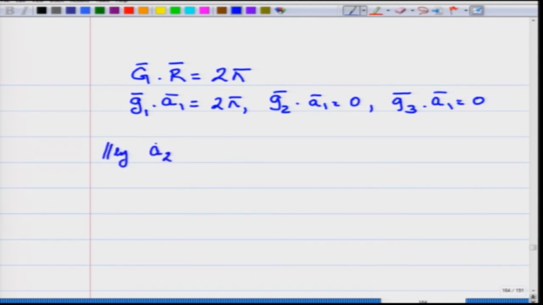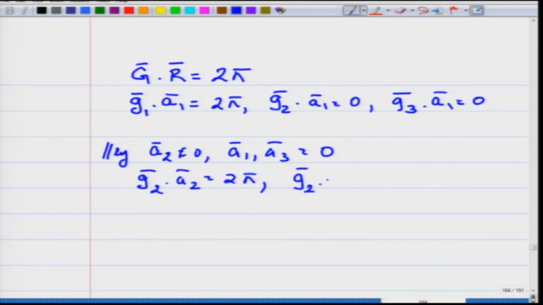Similarly, take A2 not equal to 0, A1 and A3 equal to 0, and you will get the condition that G2 dot A2 should be equal to 2 pi, G1 dot A2 should be equal to 0 and G3 dot A2 should be equal to 0.